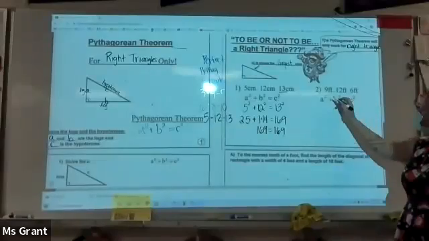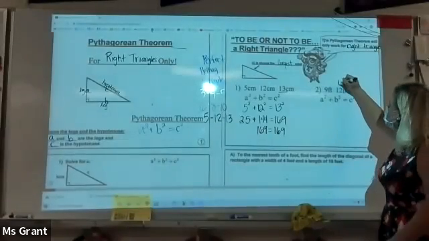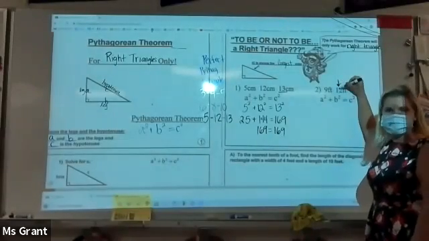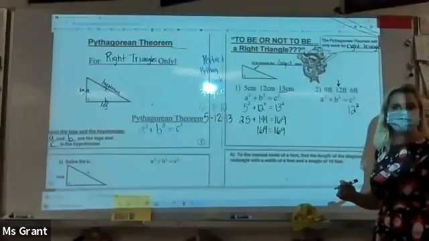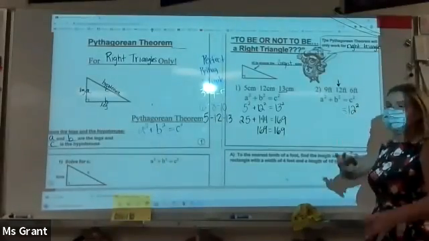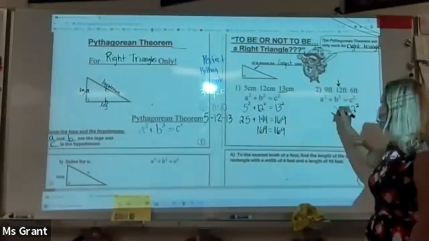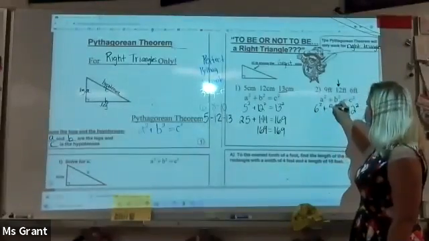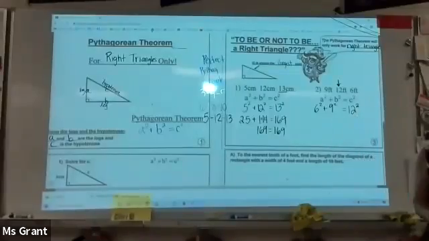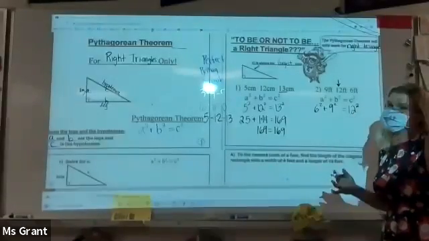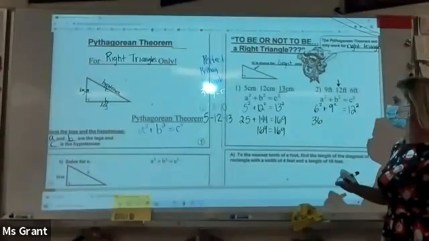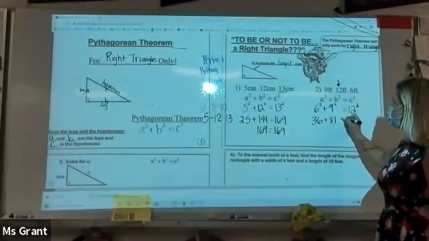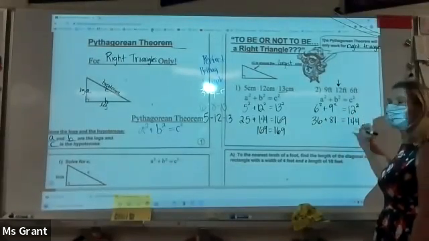Down here, this 12 is the longest side. That has to be the C. A and B though, can be either. So I'm asking you, does 6 squared plus 9 squared equal 12 squared? You should know these by heart. Does 36 plus 81 equal 144?